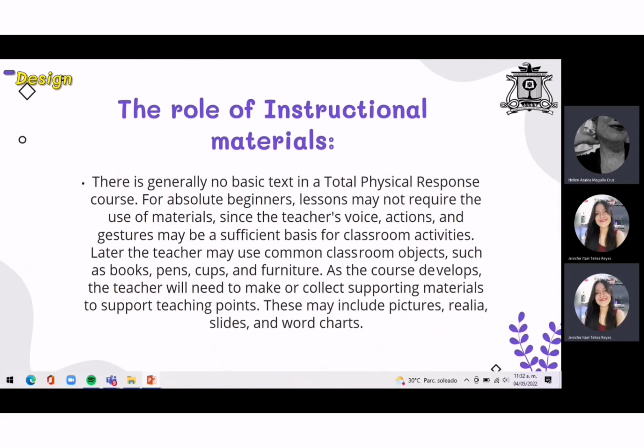The role of instructional materials, as you can read: in this method, it's not necessary to use texts or activities on paper. It's more with commands, with the voice and actions, and maybe in the future, or if the teacher wants, they can use some things like books, pens, cups, or things that are around.